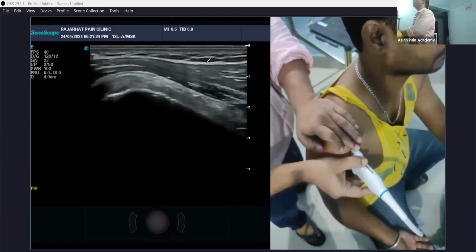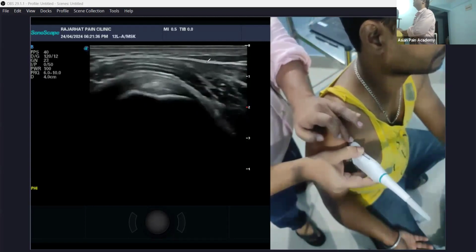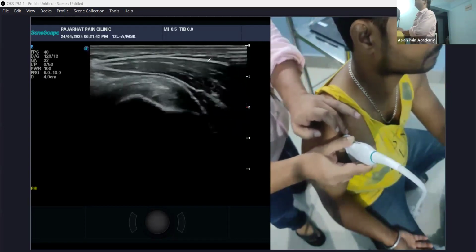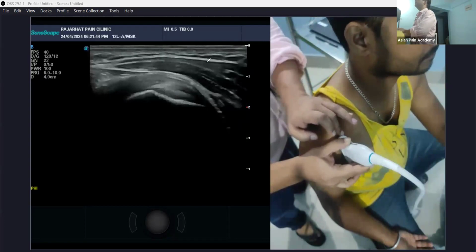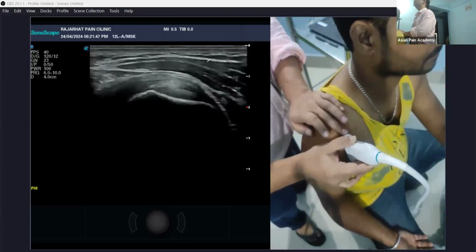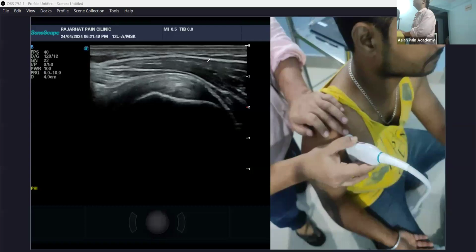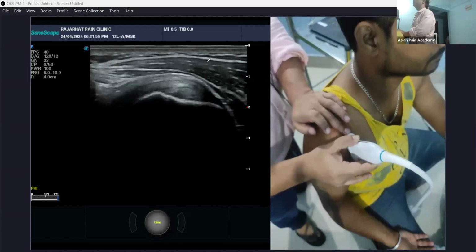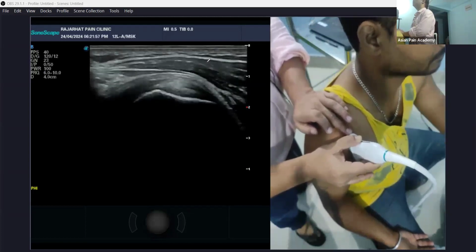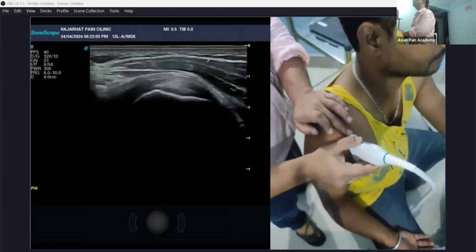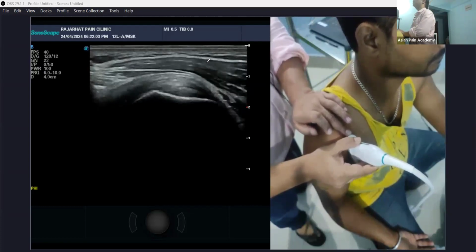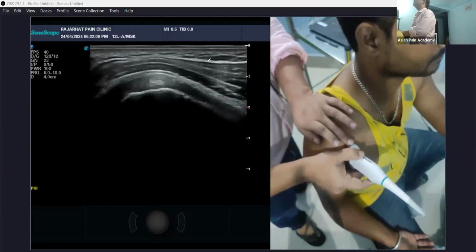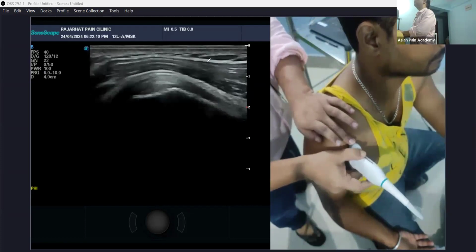If I go inside the joint, you can see up to this much, coming inside the joint. Okay, you can see that this is the complete tendon. This is the long head of biceps tendon.